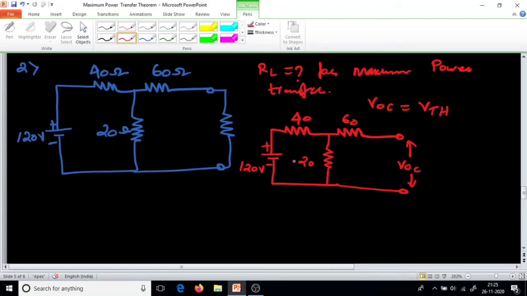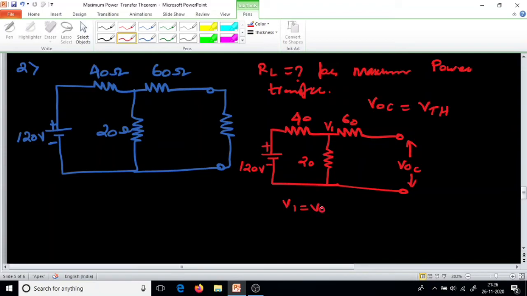Now how do you find the open circuit voltage? Whatever the voltage is here, if it is V1, the same voltage is VOC, because this is not closed, it's an open circuit. So whatever is the drop here, we'll use the voltage divider rule.